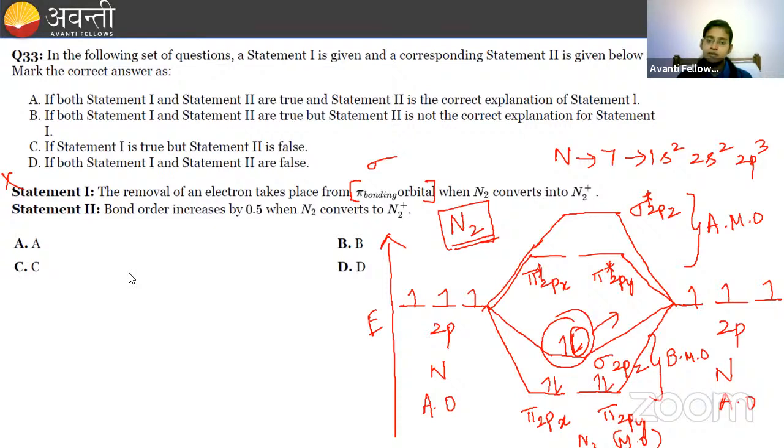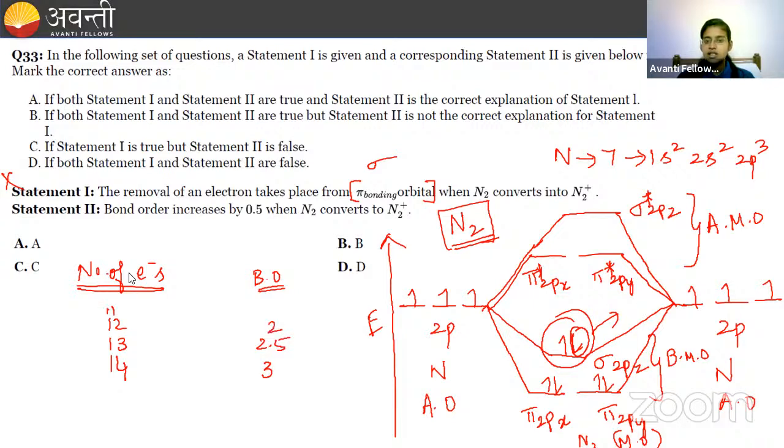Then if I go for statement 2, bond order increases by 0.5 when N2 converts to N2+. There is one trick to find the bond order from the number of electrons. If the number of electrons is 14, then the bond order is 3. If it goes to 13, then it is 2.5. If it is 12, then it is 2.